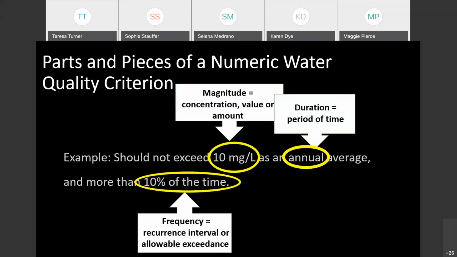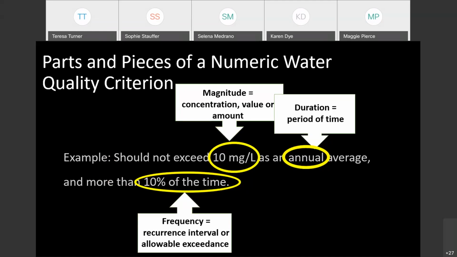It could be some other sort of value like a loading. The duration is a year. This one's a little more subtle. It doesn't straight up say it's a year. It describes it as an annual average. But from that, we can pull that this criterion is intended to apply as an annual or a yearly value. And then this criterion has an acceptable exceedance frequency or recurrence interval associated with it of 10%.